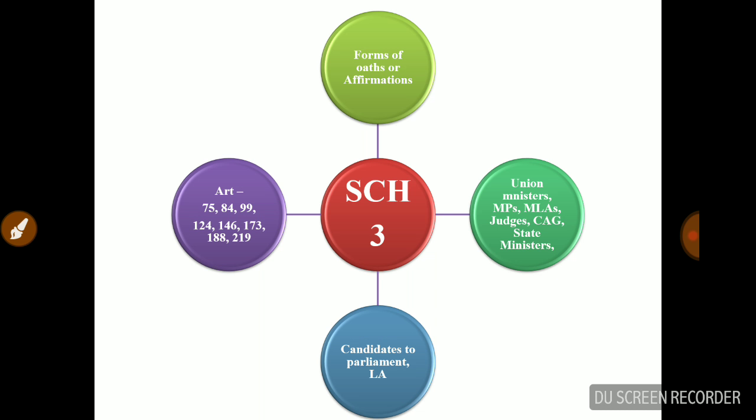The articles are 75, 84, 99, 124, 146, 173, 188 to 19. So if possible you can learn the articles by heart, at least a few is important.